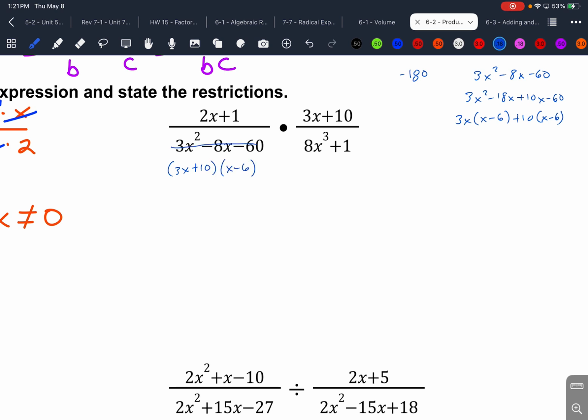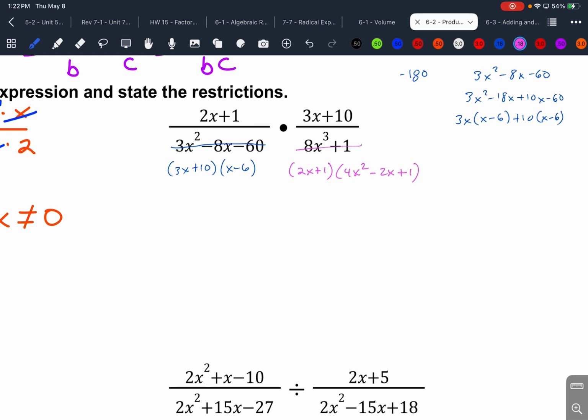We can cross this out and put that there. The 8x cubed plus 1, that is a sum of perfect cubes. This is going to be 2x plus 1 and 4x squared minus 2x plus 1.